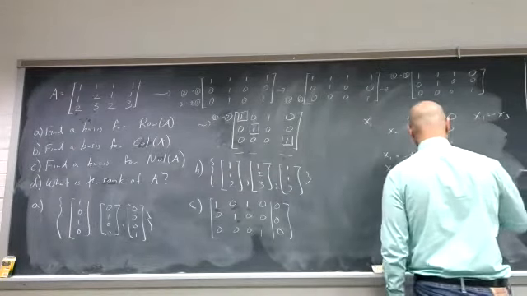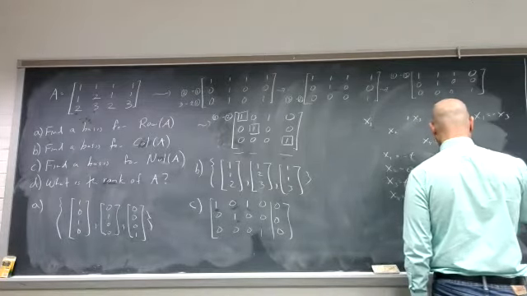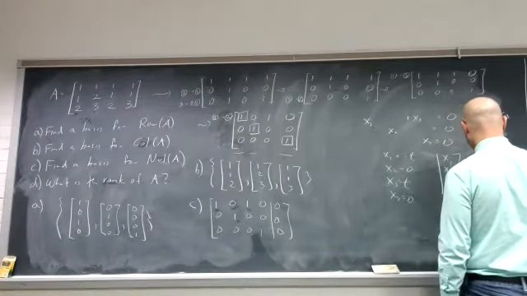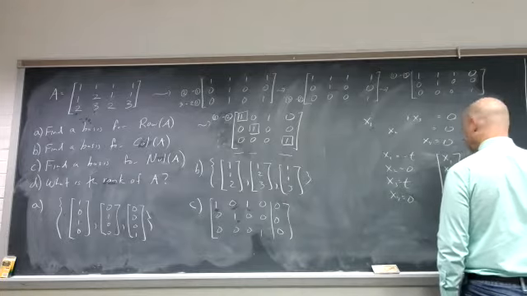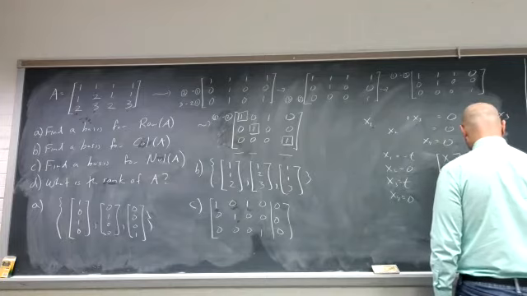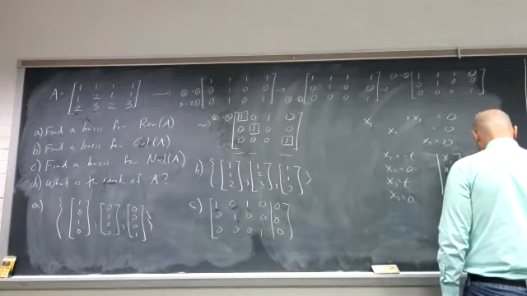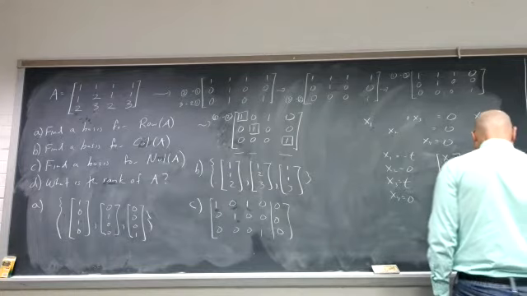And so x1, x2, x3, x4 is minus t, 0, t, 0. In other words, t times minus 1, 0, 1, 0.